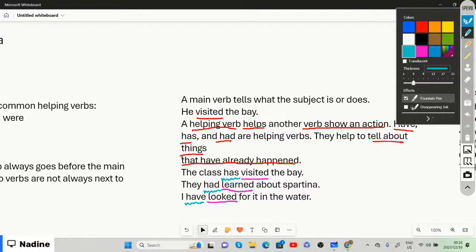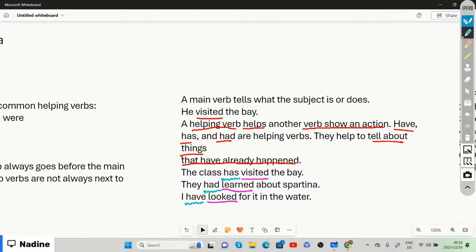So that is the main verb and that is also our helping verb. And the helping verb helps the main verb to show the action.